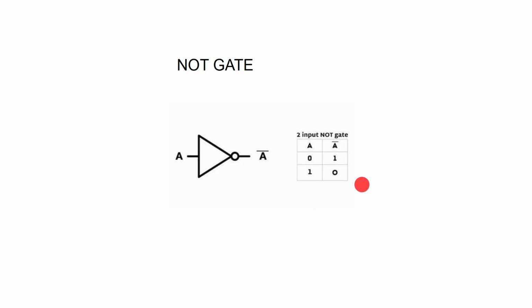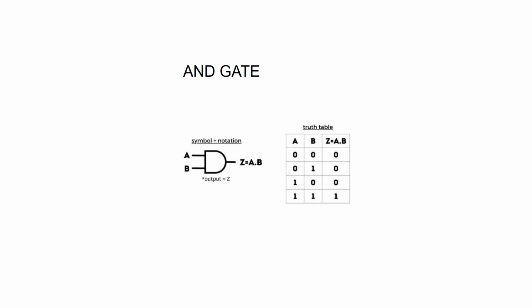That's a NOT gate, and this is called a truth table. The other kind of gate we have is something called an AND gate that we've just looked at. It has multiple inputs, in this case 2. And as we have seen, this is the symbol. Essentially, it's like a D and an output. If both statements are false, it becomes false.